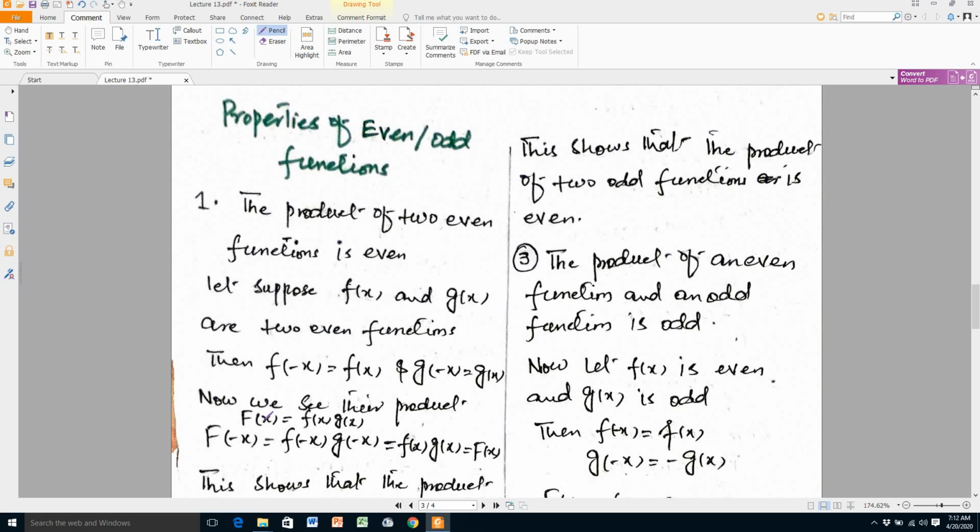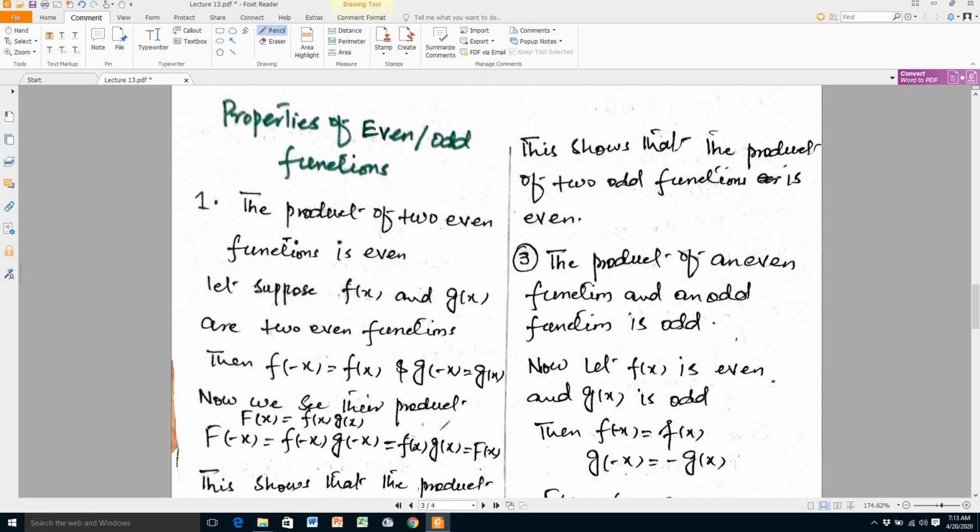Now I replace x with negative x, so F of minus x is equal to f of minus x times g of minus x. Since f of minus x is f of x and g of minus x is g of x, we get f of x times g of x, which is equal to F of x.